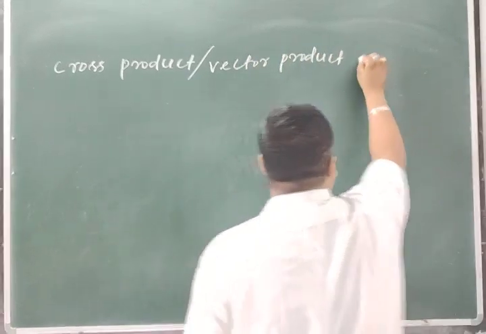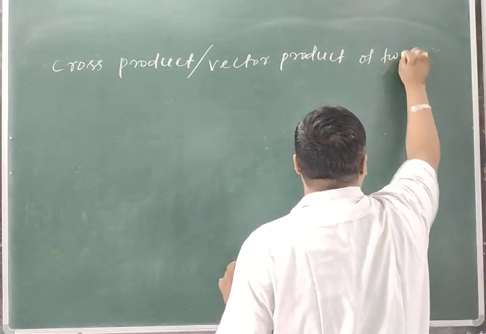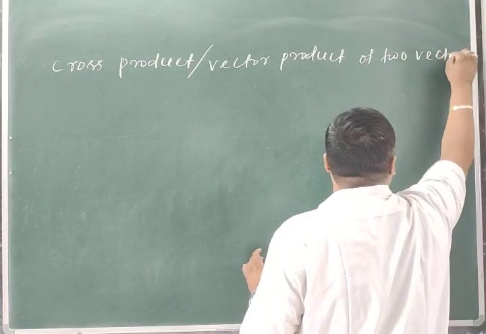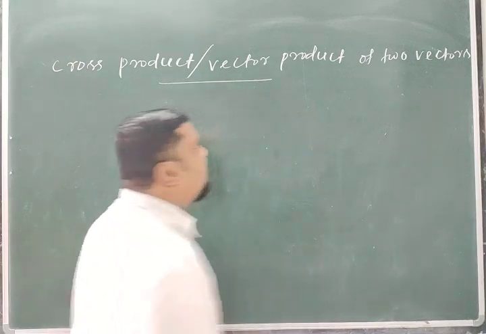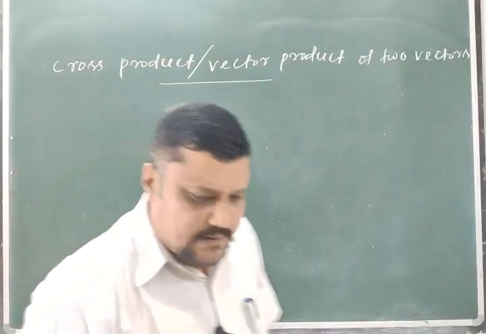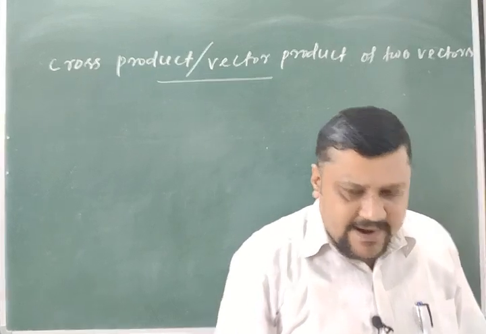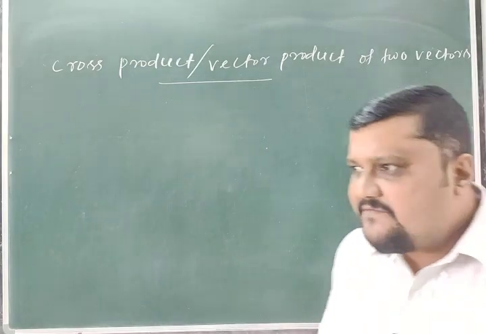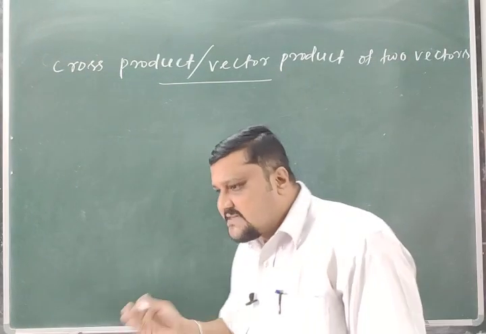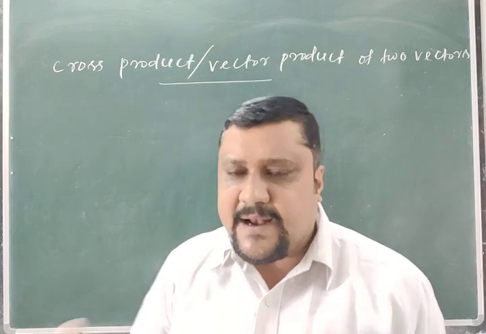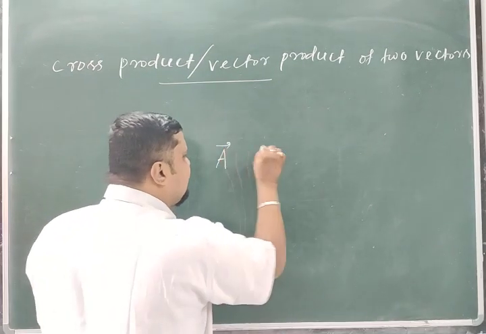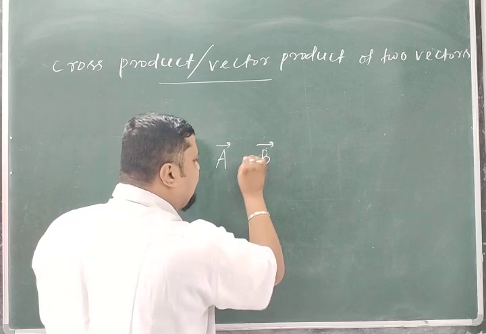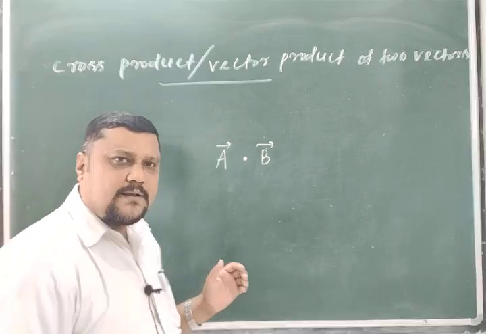We will discuss the cross product, or vector product, of two vectors. Already we discussed that if there is a dot symbol between the two vectors A and B, then it is called the dot product.